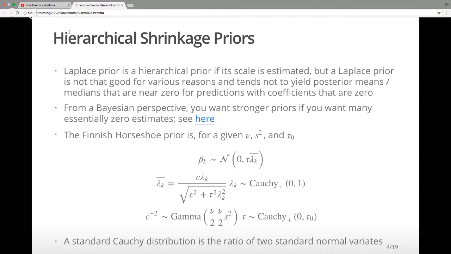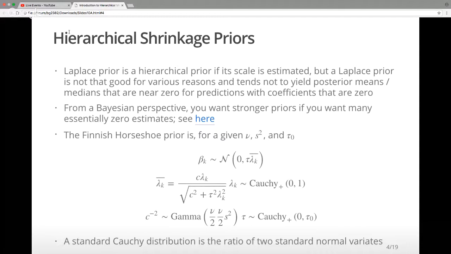What is the distribution of that ratio? And the Cauchy distribution has extraordinarily long tails, because as a ratio where the denominator has a standard normal distribution, there's considerable chance that the denominator is going to be pretty close to zero.